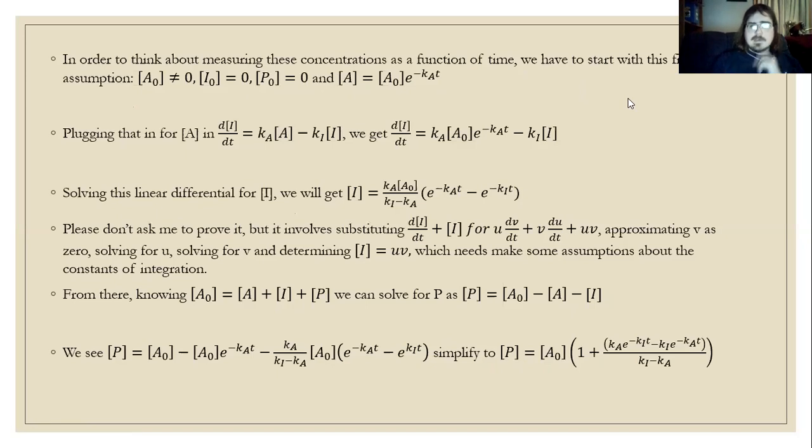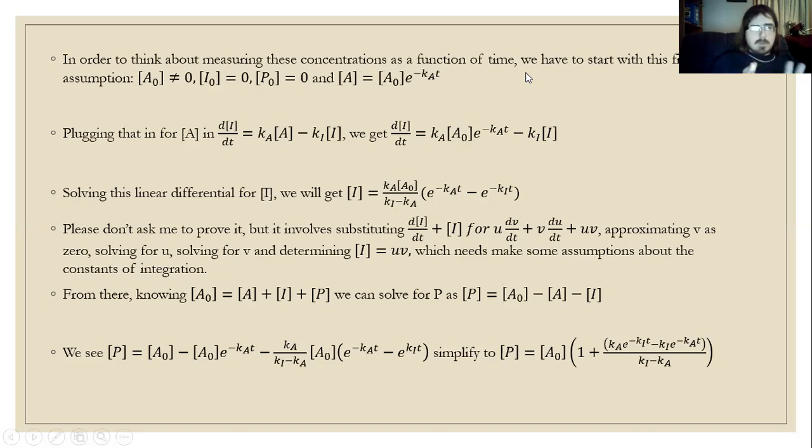In order to measure the concentration of I as a function of time, we have to start with the assumption that A sub 0 doesn't equal 0, the initial I sub 0 must equal 0, and P sub 0 is equal to 0. That is, there are no products and no intermediates at the initial point, and A being first order, the concentration of A is A0 e^(-Ka t).